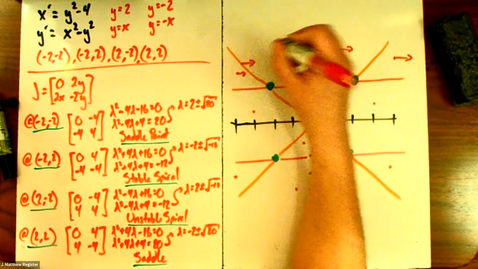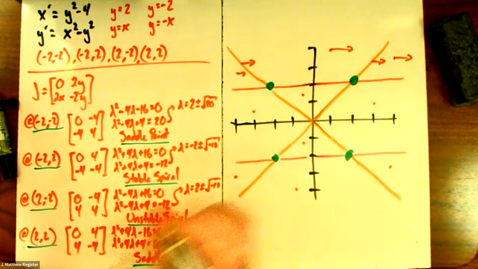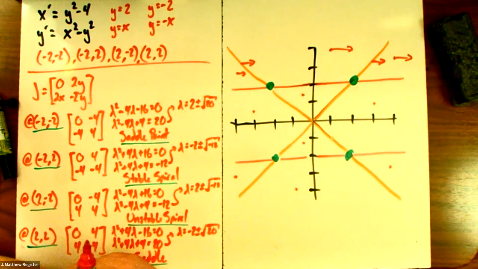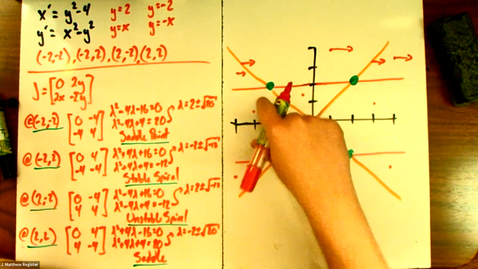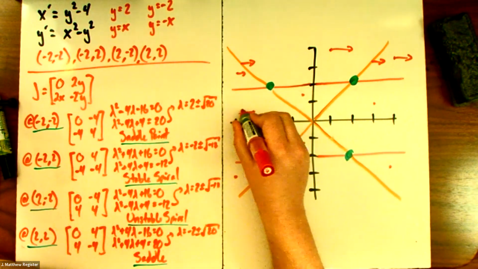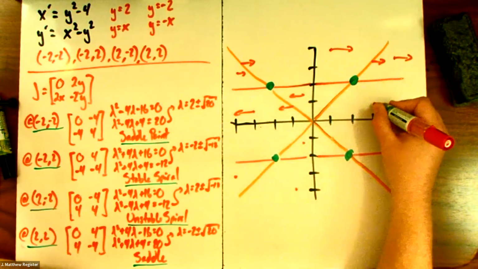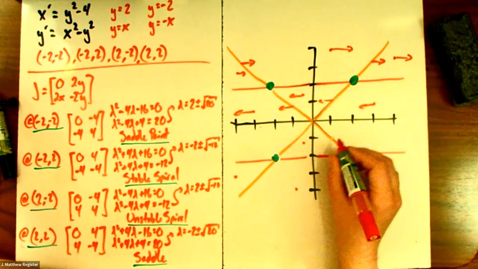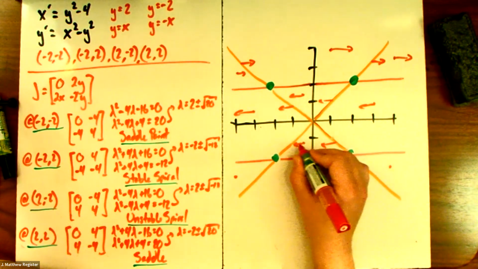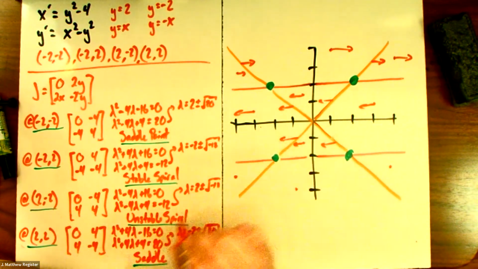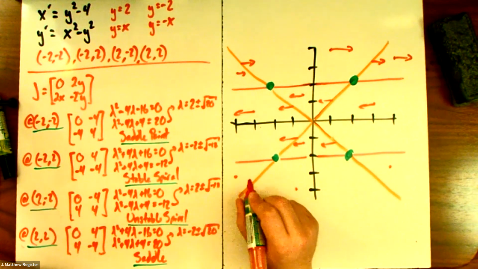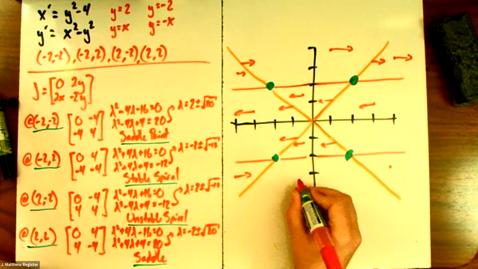And along this nullcline, we will also be going strictly positive. Below that, we're going to be going in the negative x direction. Negative direction, negative direction, negative direction, and negative direction. Below that, we are going to be going positive again.